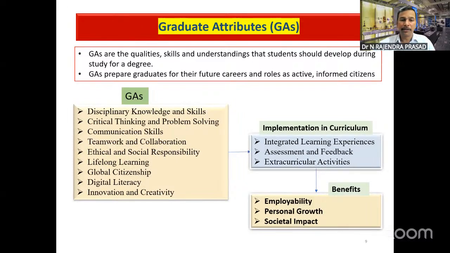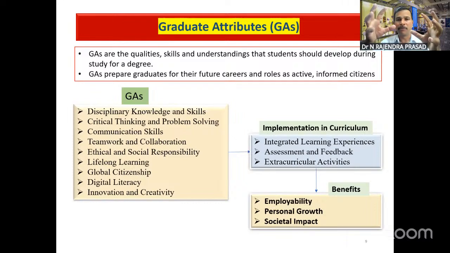Then another important thing is digital literacy. For all you are having all those competencies, without having the digital literacy, it means nothing. Nowadays we are living in the era of artificial intelligence. We are living in the era of cloud-based servers. If we are not able to utilize them, then we are wasted.